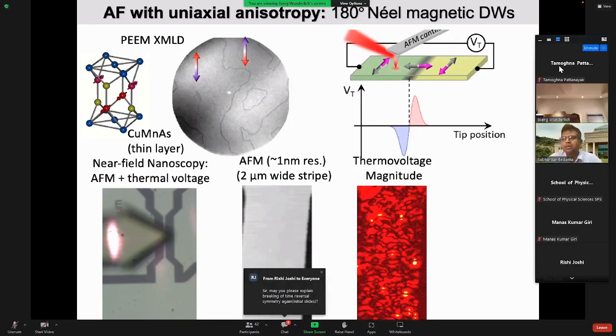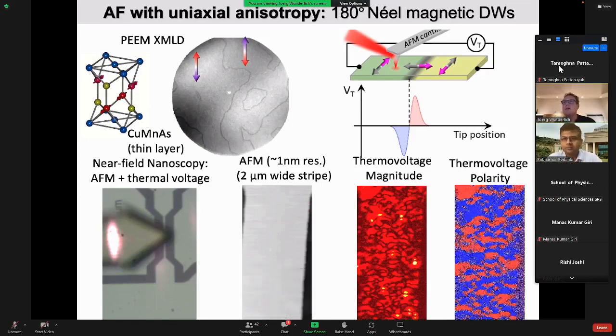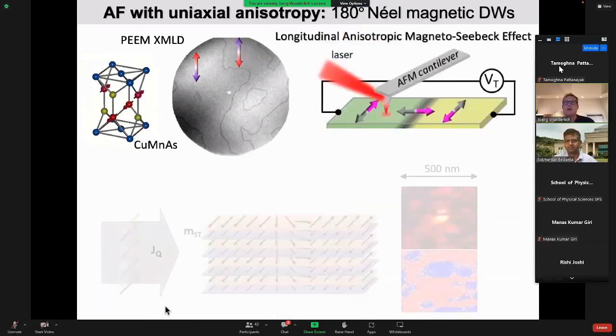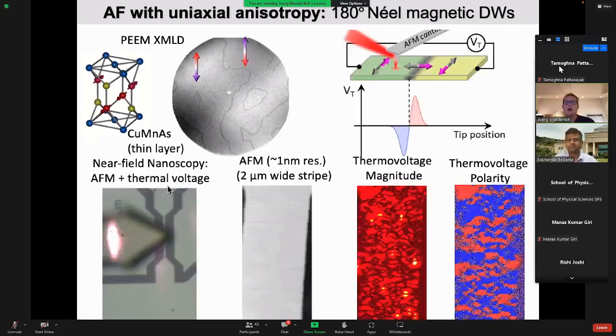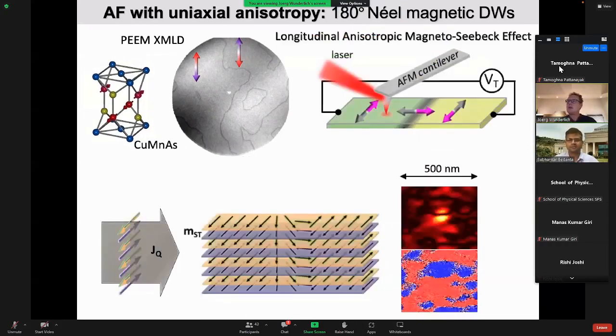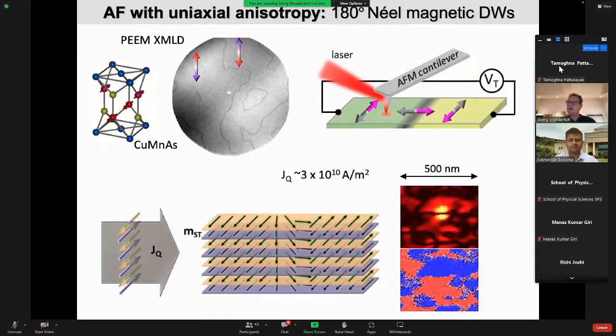When we switch with a current, and we send the current only through this bar device, we can send a current from up to down, or from down to up. Depending on this current direction, we enlarge one of the domains at the expense of the other, or we reduce it. So depending on the current direction, you make it larger or smaller.